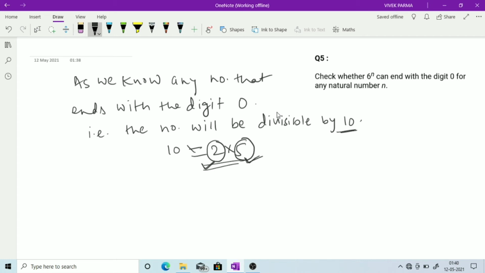So as we see here, 6 to the power n, I can write this expression as 2 into 3 to the power n. So the factors of 6 are here 2 and 3, right? And the factors of 10 are here 2 and 5, right? So we see here 5 is not a factor of 6, right?